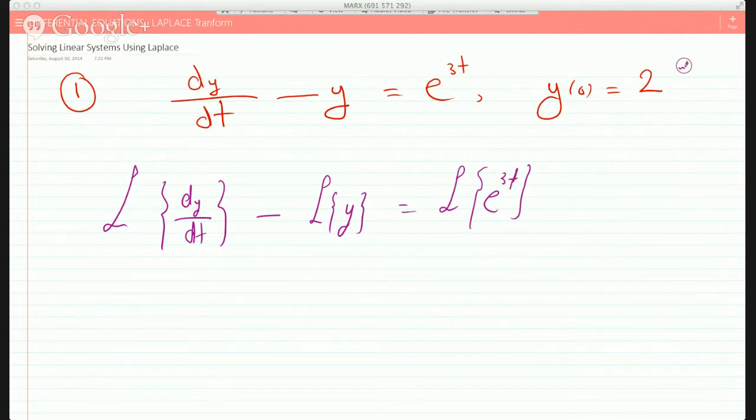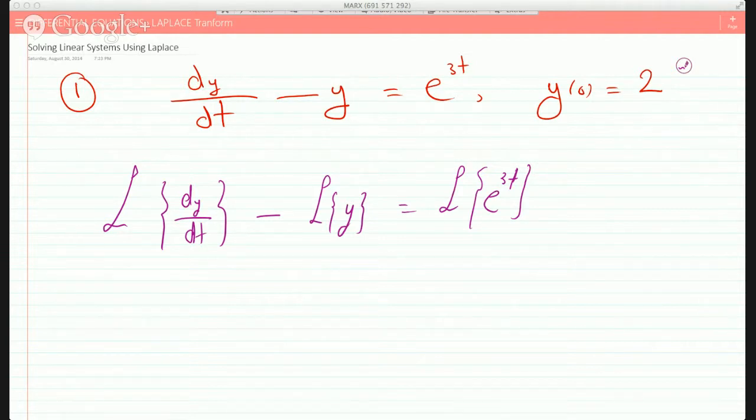Now, the Laplace of dy over dt, as we covered in the previous section, or at this point you can look it up in the table. The Laplace of a derivative, let me show you where the definition is.